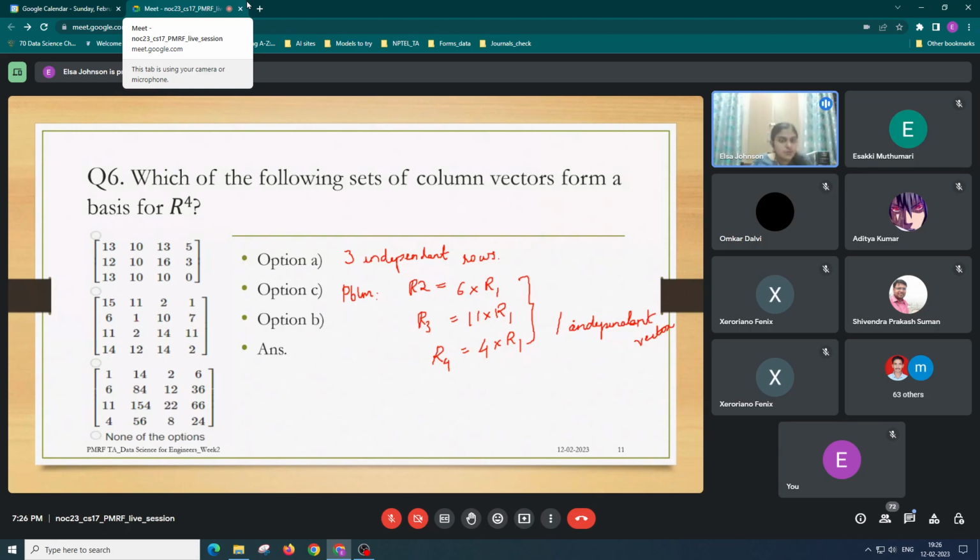Okay. Now option B, can you tell me about option B? Can you form a basis with option B? The only thing is you have to have 4 rows and columns, and all your vectors should be linearly independent.